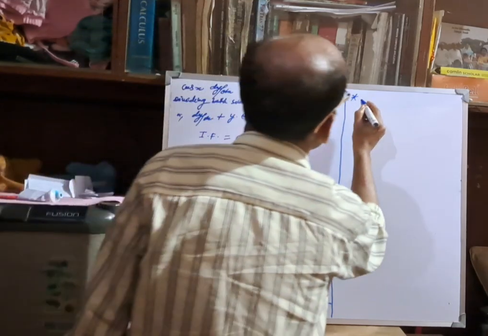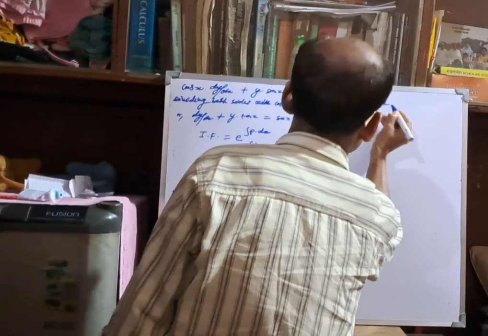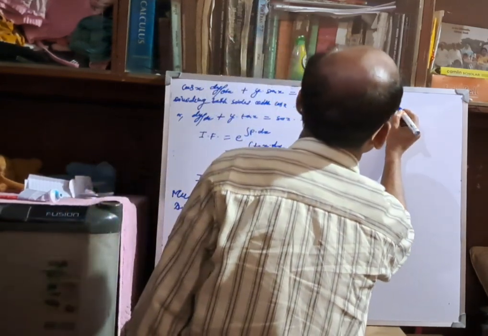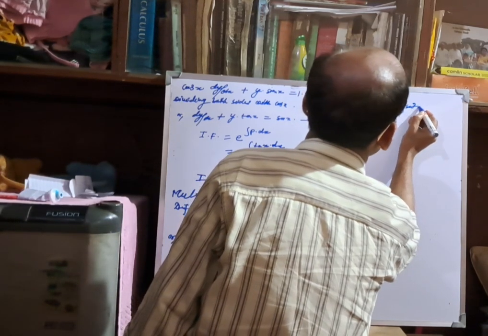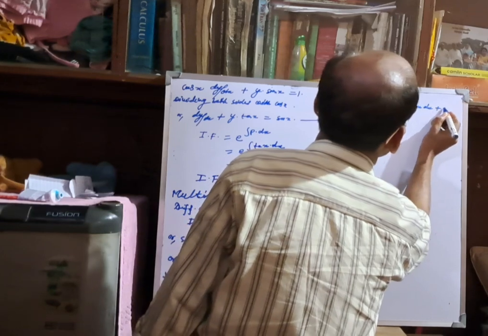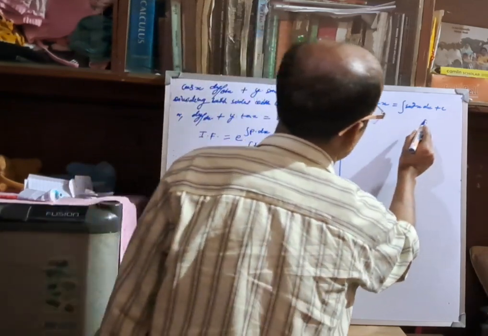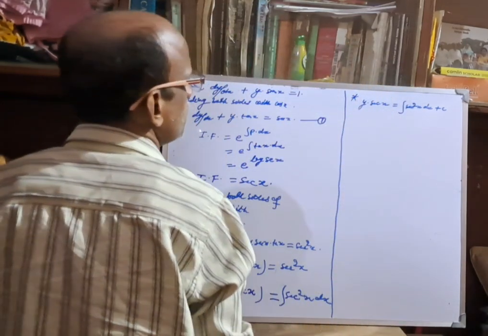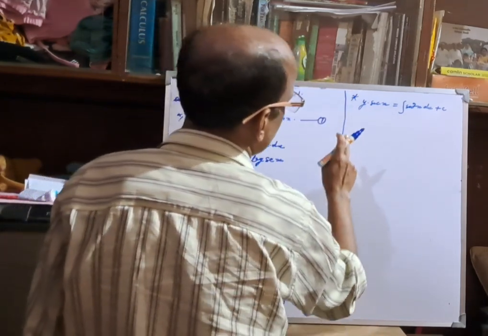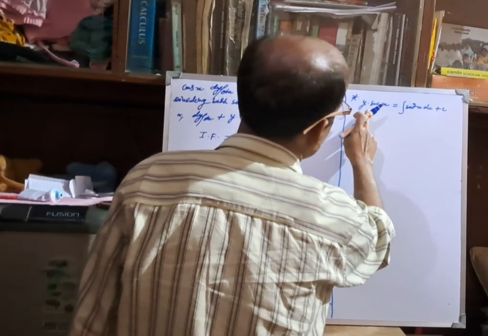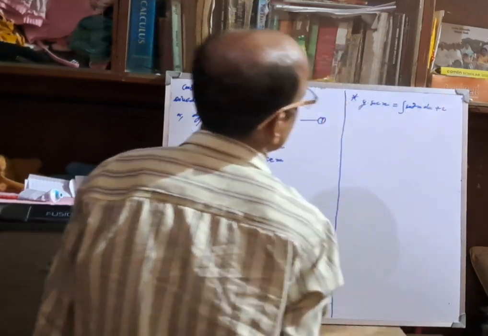So what is left here? y into sec x, that is equal to integral of sec square x dx plus c. Because I have integrated in the left hand side, that is why I have put here c, the constant of integration.